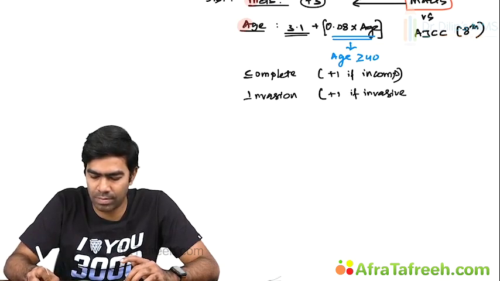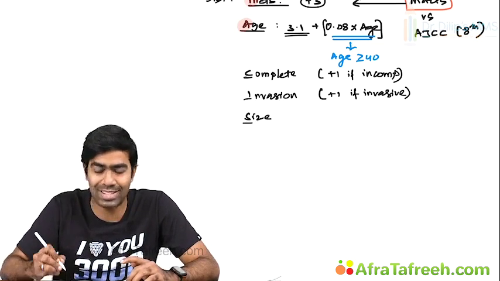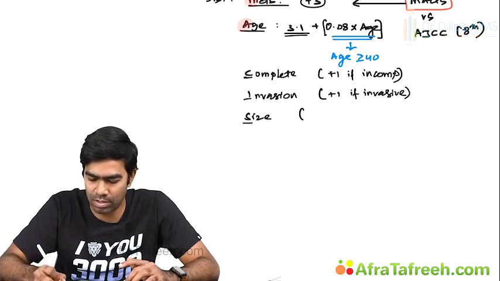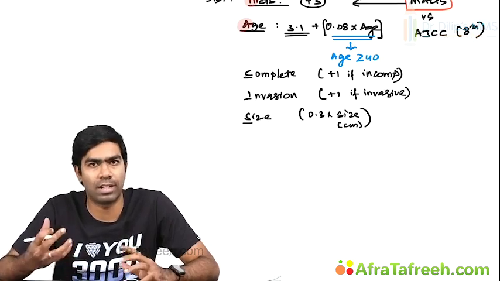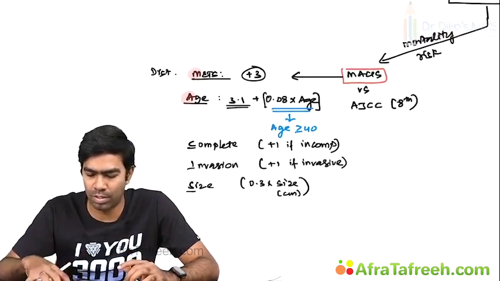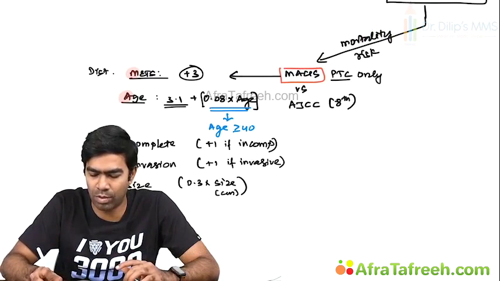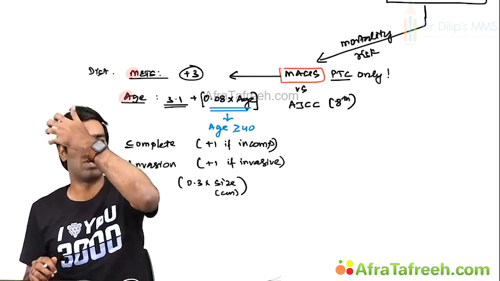Then finally, you're going to tell about the size of the tumor. The score is given as 0.3 multiplied by the size of the tumor in centimeters, in the resected specimen. But very importantly, you have to understand the MACIS score is applicable only for papillary thyroid cancer. It's not applicable for other types of thyroid malignancies.